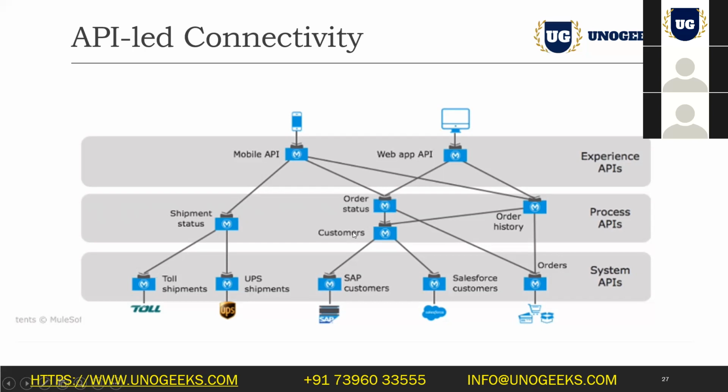In future, if you want to talk to a system, we don't have to go back again to SAP customers. We can directly talk to the customers API. In the picture, it is clearly seen that the web application and the mobile application are directly contacting the customer APIs and not the system APIs.